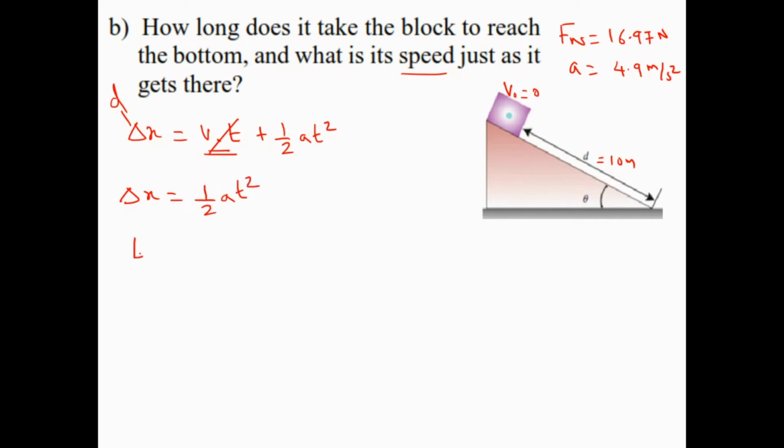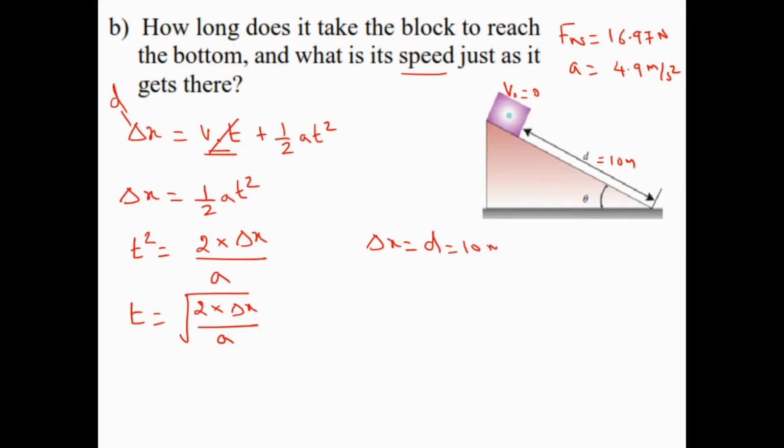Therefore, my time square is equal to 2 multiplied by delta x divided by the acceleration. Taking square root on both sides, t is equal to the square root of 2 delta x over acceleration, and here our delta x is exactly equal to d, which is 10 meter.